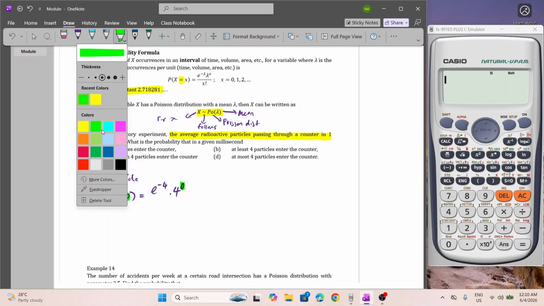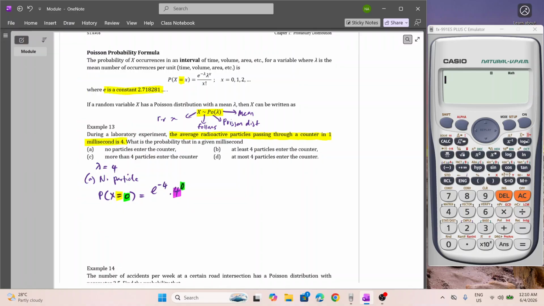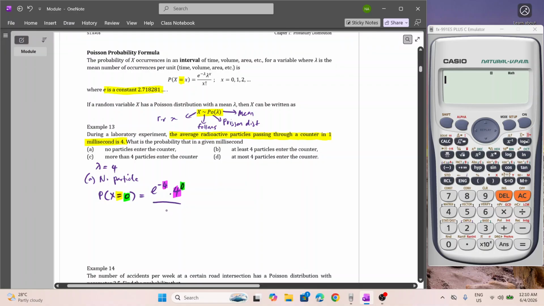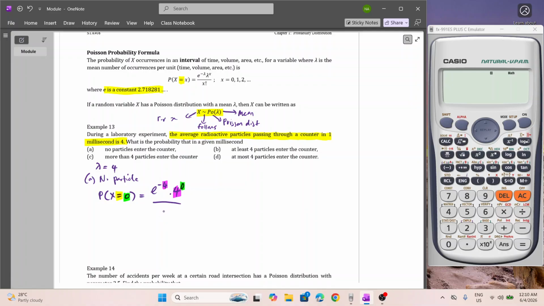And for this one, maybe we want to use these values. So this is referring to the same value, which is the mean for the problem. And this is over x factorial. In our case, the x is equal to 0 factorial.